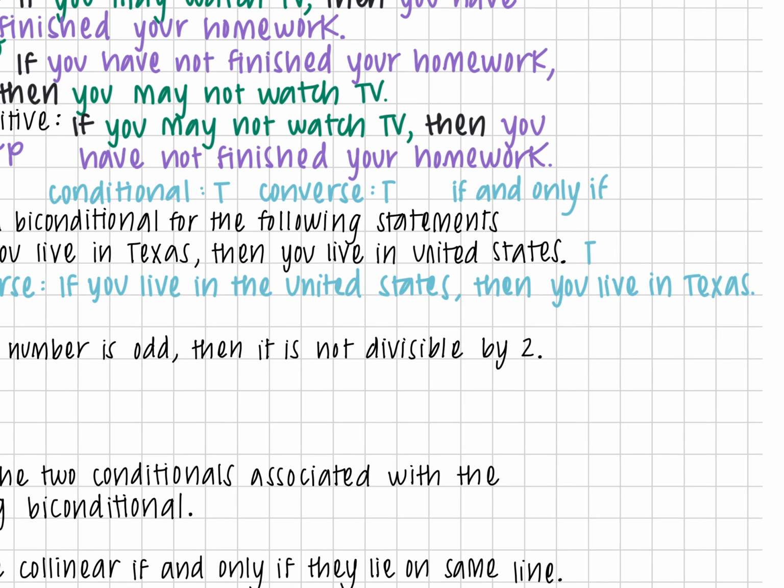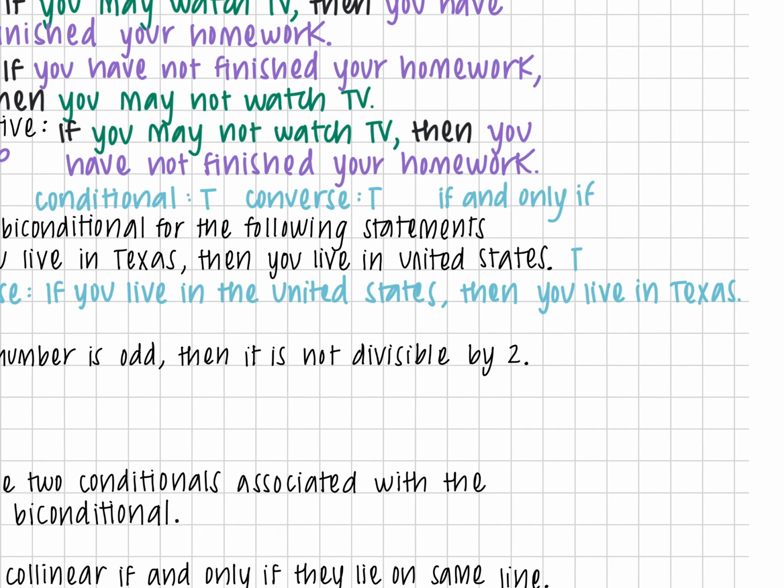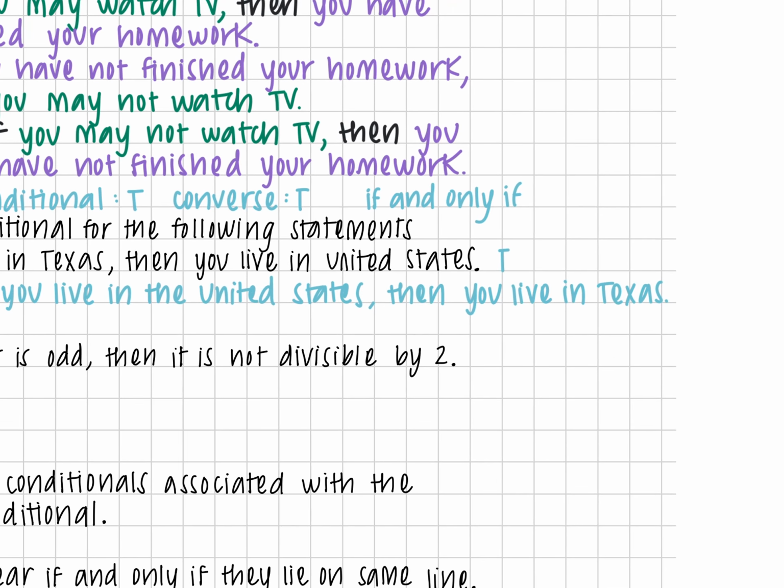So if we think about it, if I'm living in the United States, am I always going to live in Texas? Well, no, there's going to be 49 other states I could possibly live in, and therefore this is going to be a false statement.